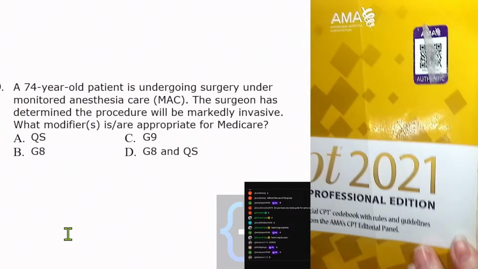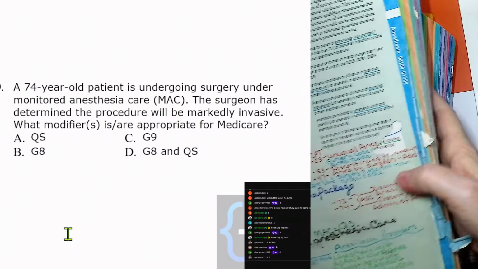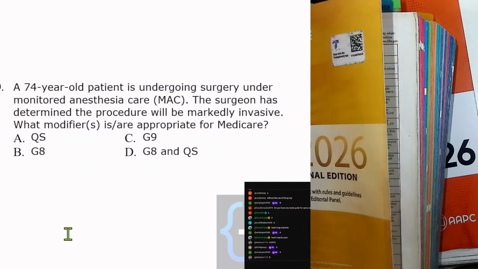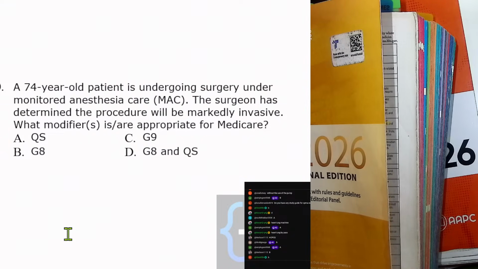Like this is a book from 2021, right? I wrote them all in even back then. So, you know, just having them right there on exam day is super helpful. That way I don't have to open up another book.